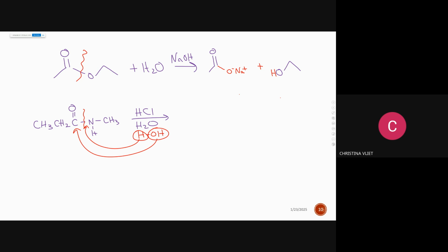And so to look at what our new products will be: hydrolysis should always have how many products? 2, right? You're going from one starting bigger molecule to 2 smaller molecules. And so you get CH3CH2CO, the new bond formed is right there, OH.